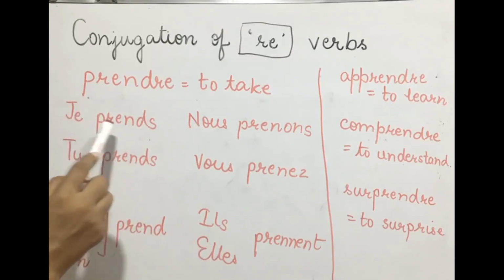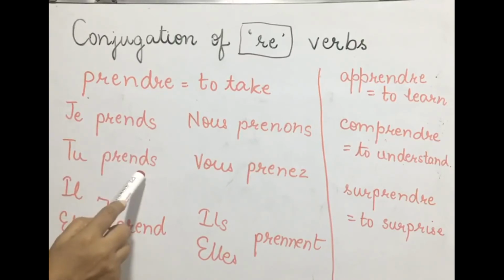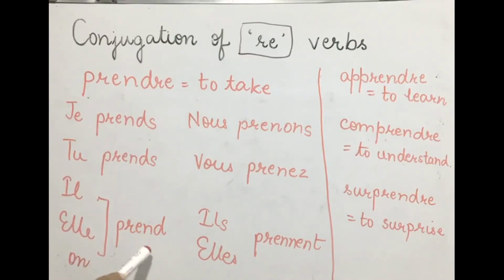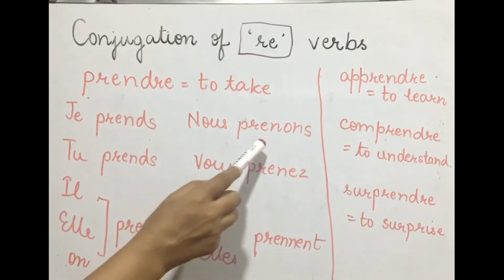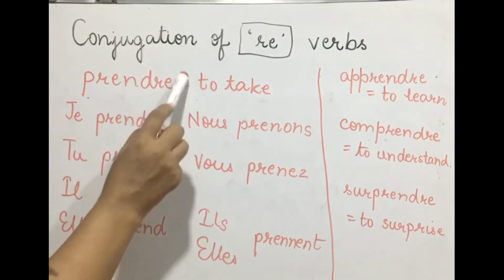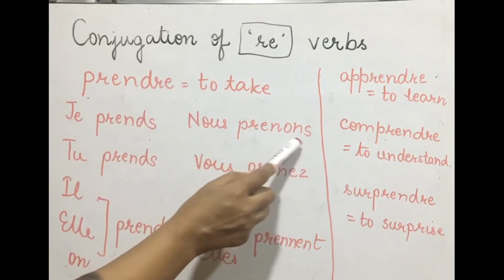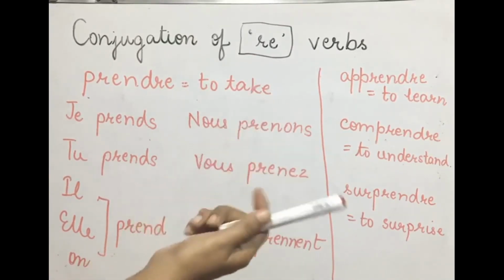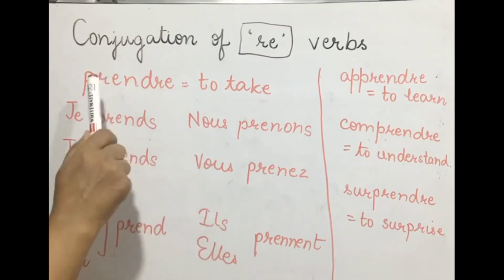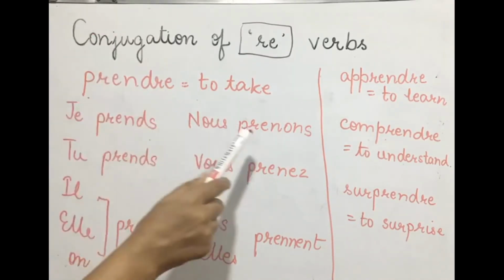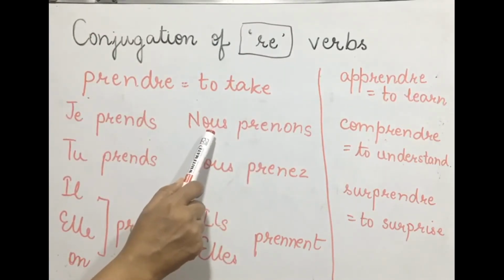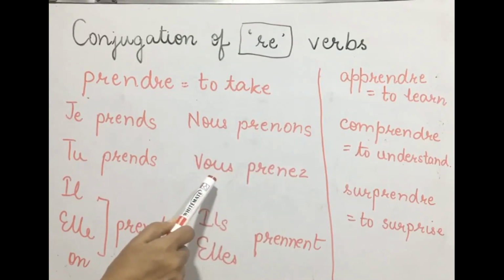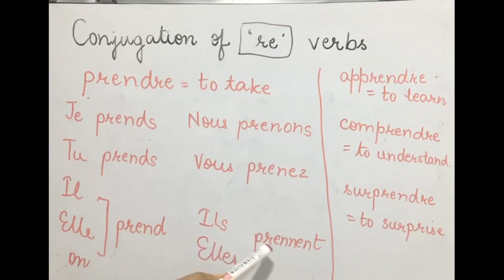So this becomes je prends, tu prends, il, elle, on prend. But here we have removed this D also, and then added the endings of ONS, EZ. So here this follows the irregular pattern. So that is why this comes under irregular RE verbs. Here what it becomes? It becomes nous prenons, vous prenez, ils prennent, double N-E-N-T, and elles prennent.